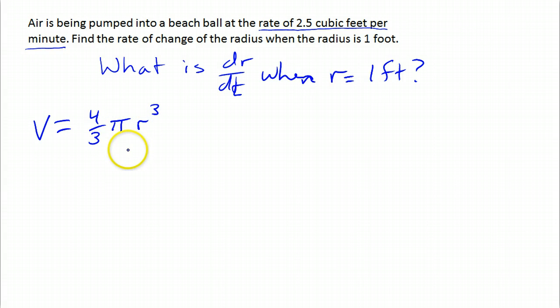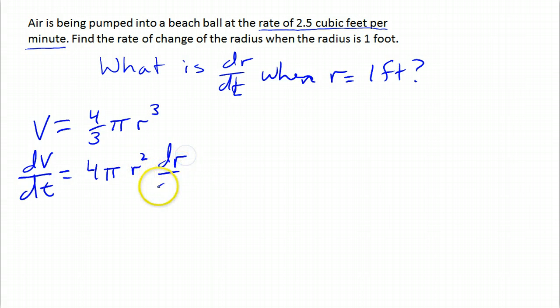The volume of a sphere, and we'll assume this beach ball is spherical, is 4/3 pi r cubed. So we're going to take the derivative of both sides with respect to time, and the 3 will come around and cancel the 3 down here, and I'll get 4 pi r squared, and we have to multiply by the derivative of r with respect to t. That's what we're looking for right here, dr/dt. What is dr/dt when r is 1?